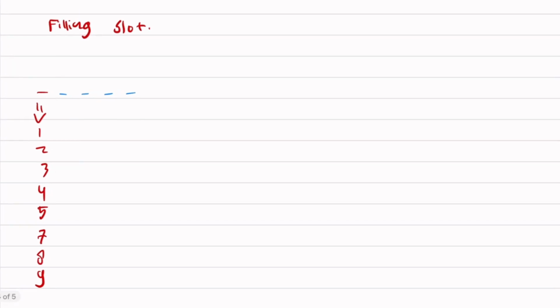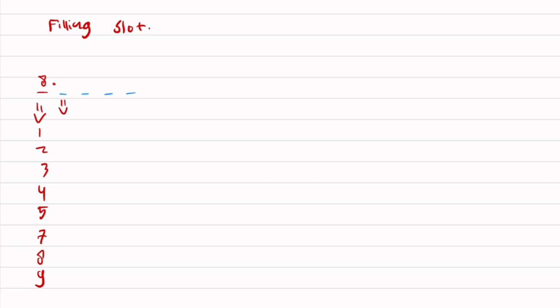Obviously 0 is not allowed, and 6 is also not allowed. So we will start with 1, 2, 3, 4, 5, skip 6, 7, 8, and 9. So in total, there are 8 possibilities.